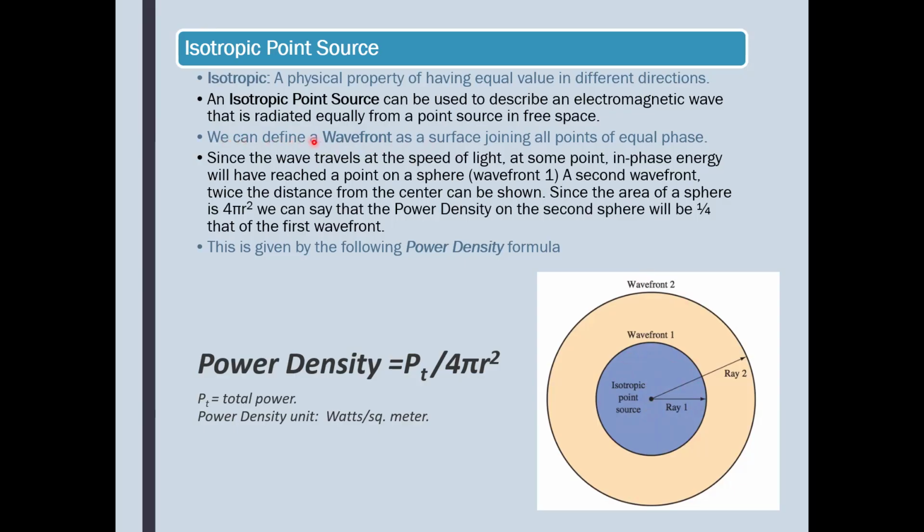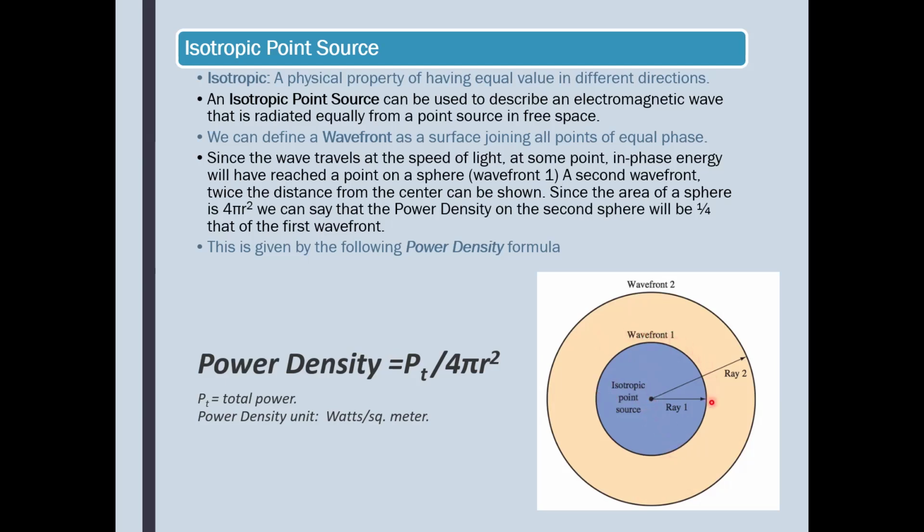We can define a wavefront as a surface joining all points of equal phase. So if the wave from here propagates and just reaches peak here, all those waves are going to reach the peak here, and here, and so on.